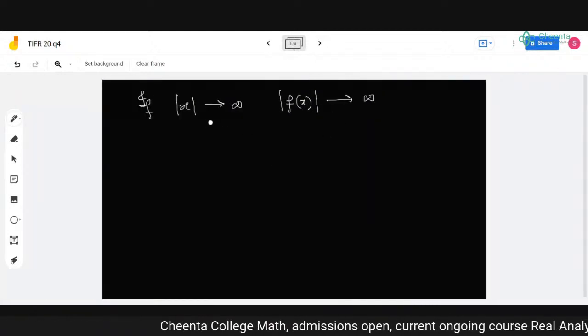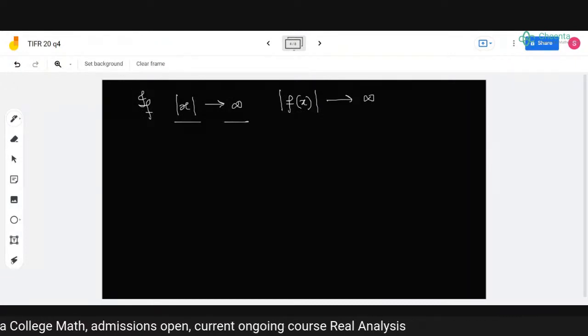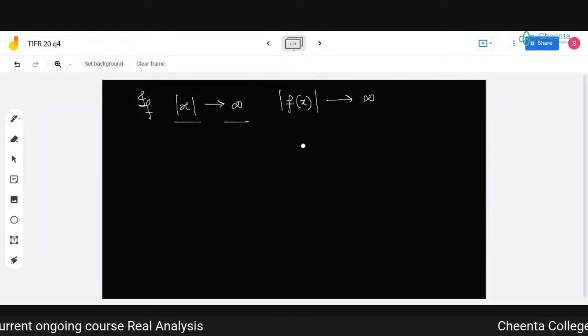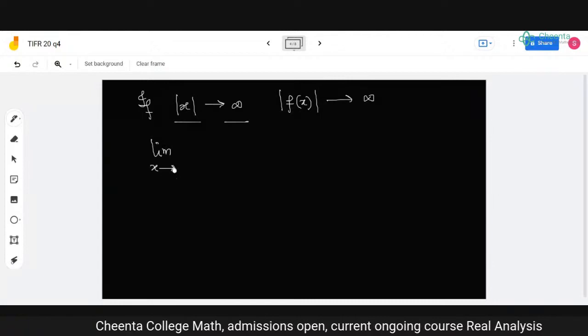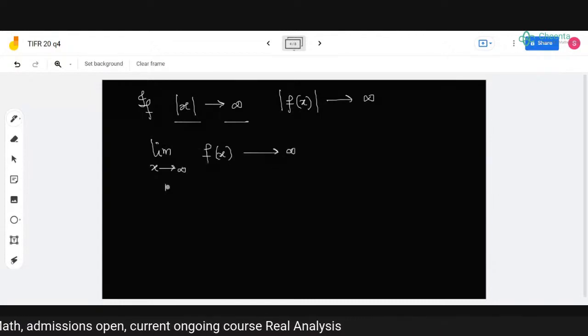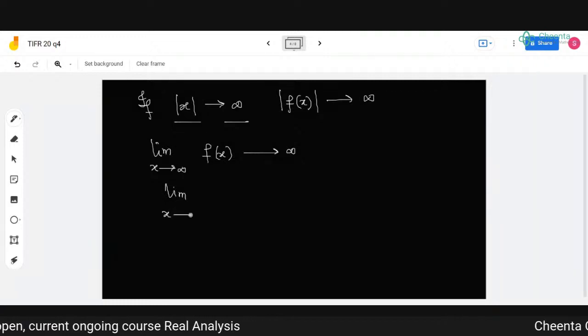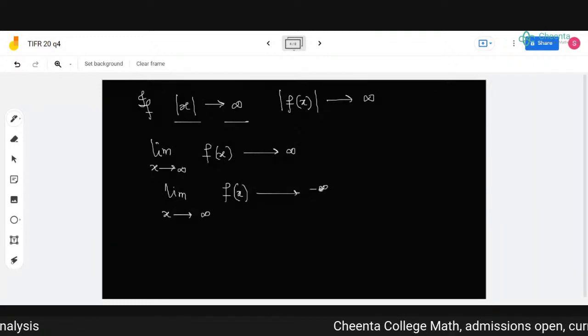Now, why is mod x tending to infinity an important factor here? Since I also know that my function is both continuous and injective, this has to happen: limit x tends to infinity, f of x is tending to infinity, and limit x tends to minus infinity, f of x is tending to minus infinity.